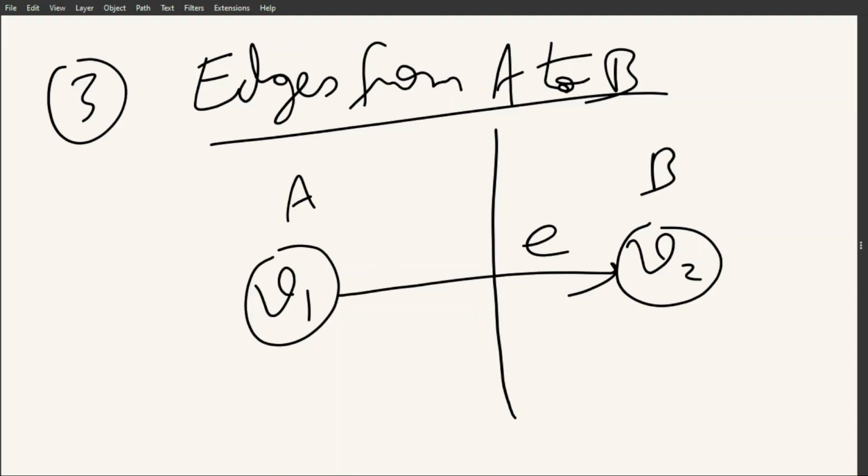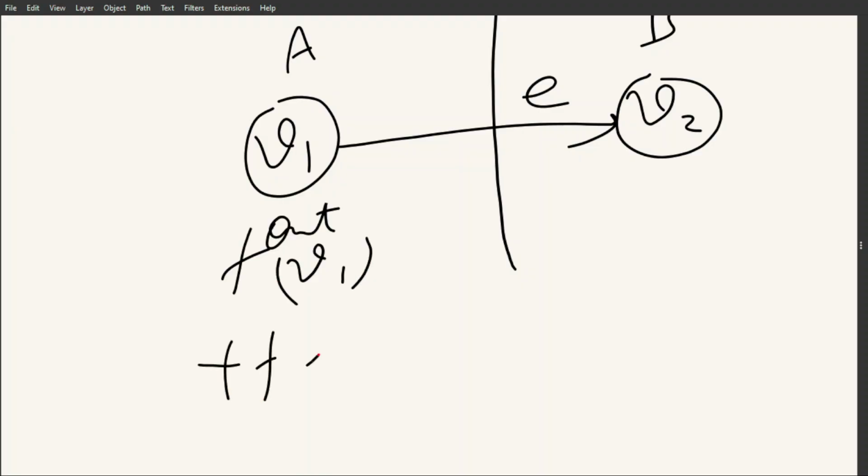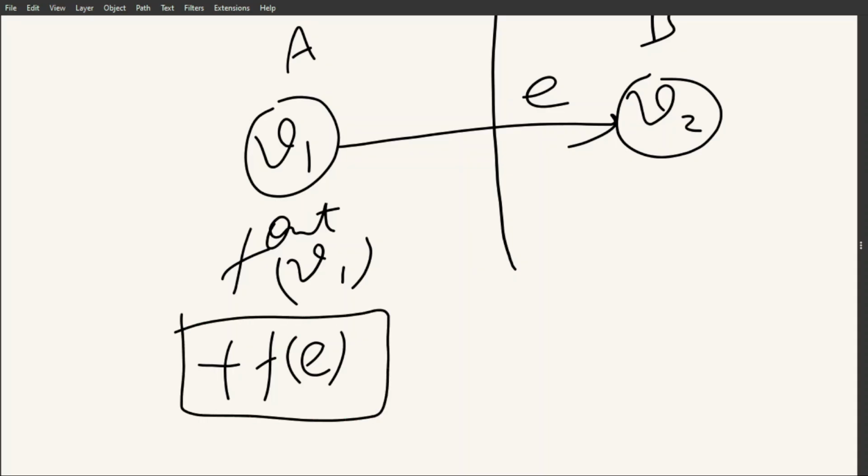Here we have only a single contribution. V2 will not contribute, we will have only V1, as F out. The F out of V1 contribution is plus Fe, because F out has a positive sign.